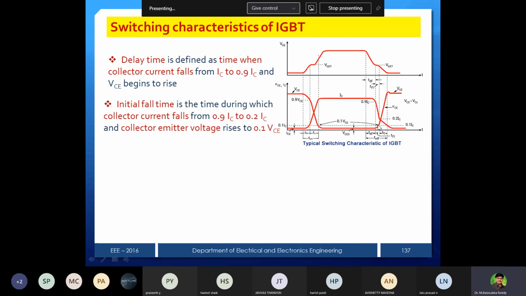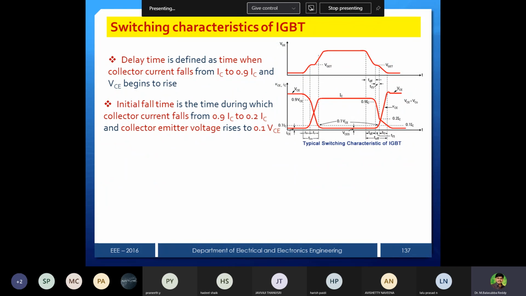And then the initial fall time is the time during which collector current falls from 90% to 20% of its final value. You can see the collector current IC from 90% to 20% of its final value. I call it the initial fall time.